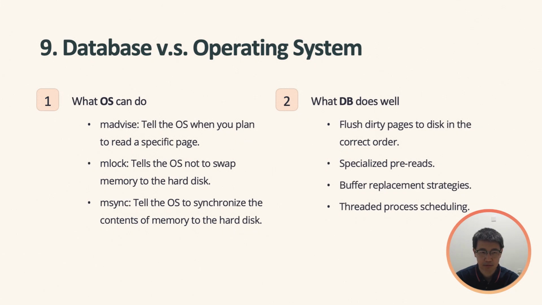With msync, I can tell the operating system to sync memory data to the hard disk. This is similar to some operations in databases, so mmap can to some extent replace them.